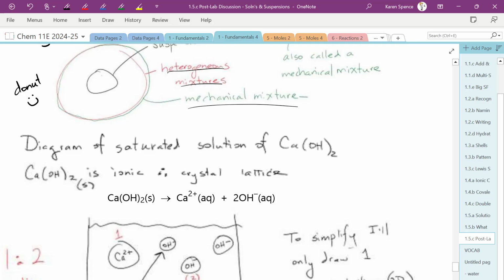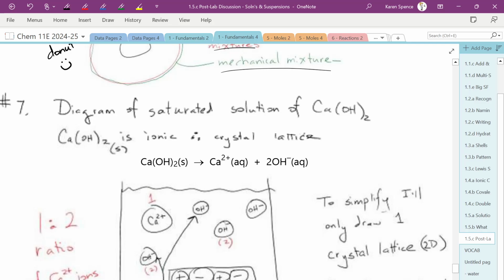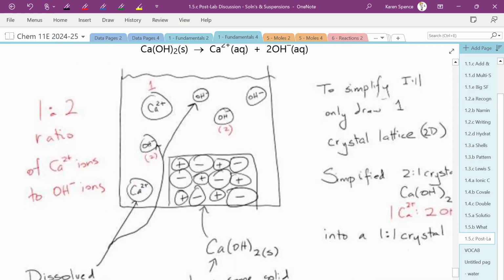It's fine. Now, one of the questions, I think it's number 7, asks you to draw a diagram of a saturated solution of calcium hydroxide. And what you should be drawing for that is the crystal lattice, right?